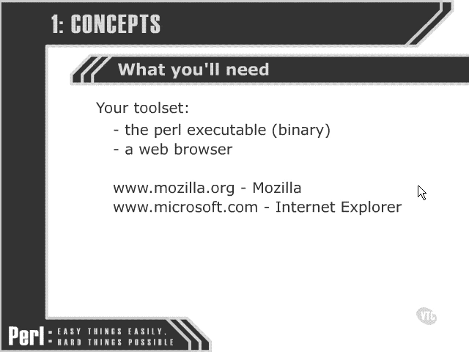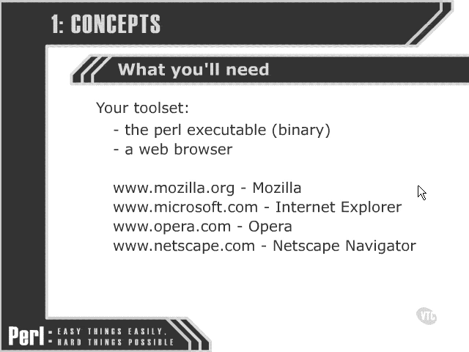If you're running Windows, you probably have Internet Explorer installed already, and you can pick up the latest version at Microsoft.com. Opera is a very fast and standards-based web browser, and it's not a free product, but there is an evaluation version which you can download from opera.com. If you prefer, you can also use Netscape Navigator.